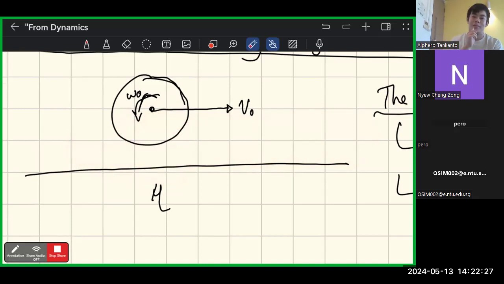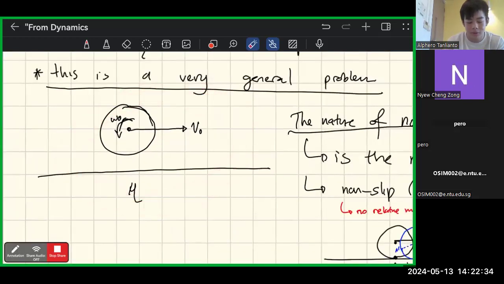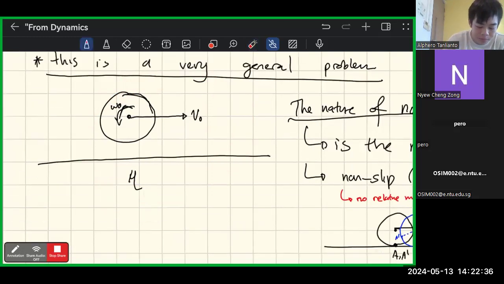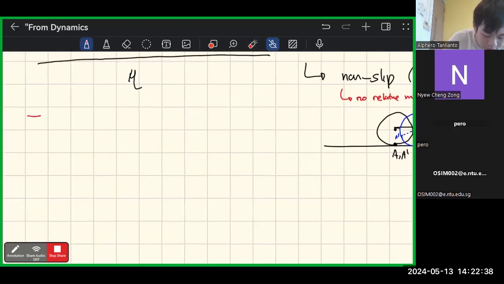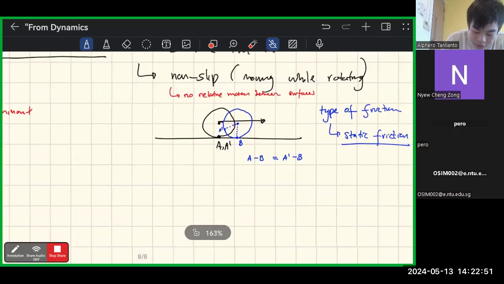You get it? So in this case, I will tell you, for example, a case study here. The case is V naught is dominant. Oh yeah, wait up. I have to write up the non-slip condition.